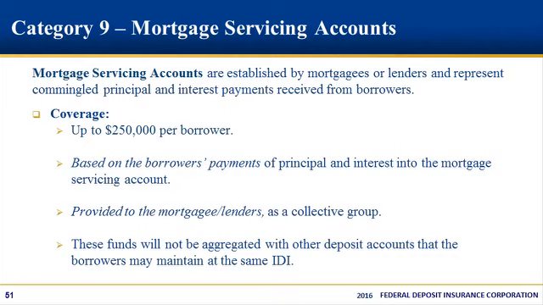This coverage is provided to mortgagees or lenders as a collective group and is based on the borrower's payment of principal and interest. Funds qualifying under this category are not added with any other deposits that the borrowers may have at the same bank.